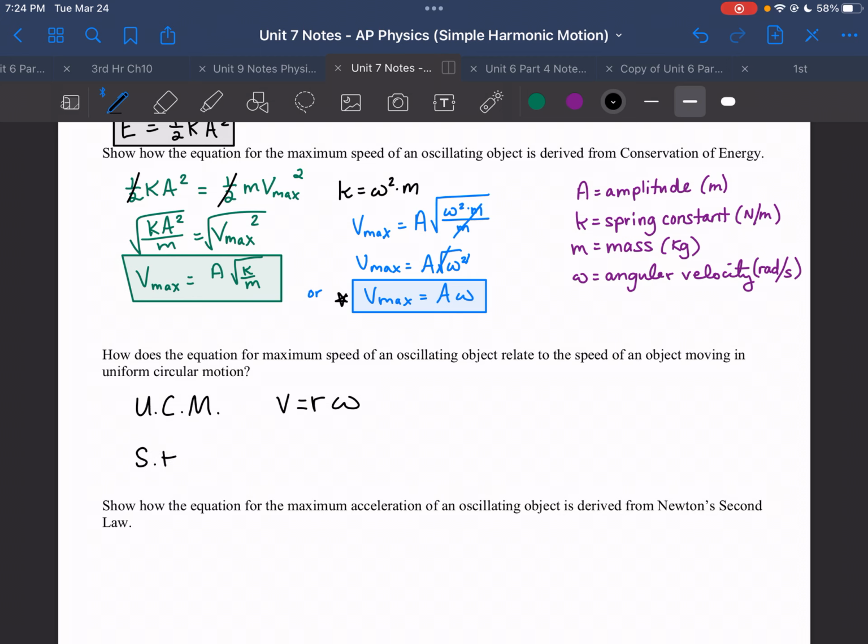In simple harmonic motion, we have the max velocity is equal to the amplitude times omega. Do you see how these are the same thing? Because the radius of your circle is quite literally the amplitude. It's the farthest it can go. Since that is the case, these are exactly the same thing, which means I can also say that omega is going to be the max velocity divided by the amplitude.